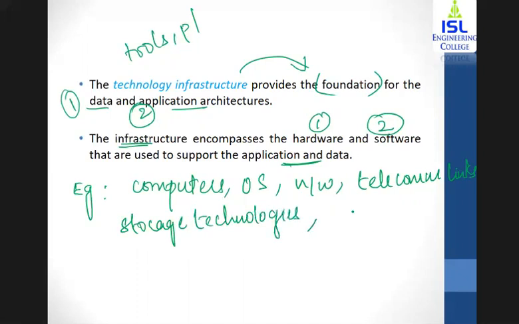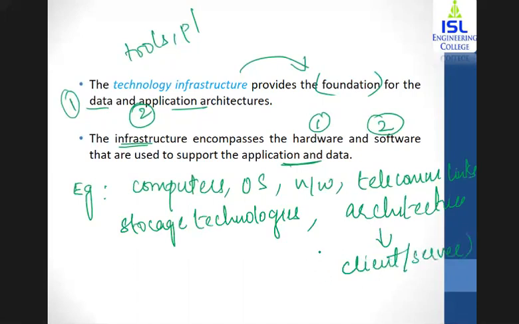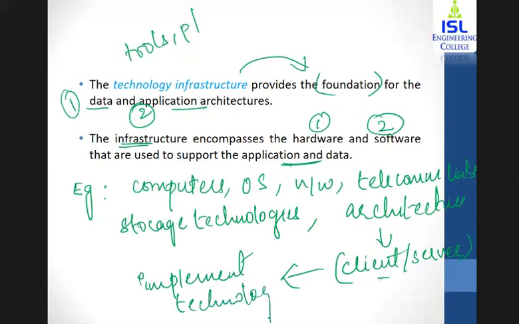This is going to be identified, along with the architecture. An example for this architecture is client server architecture. This client server architecture is defined so that you can implement technologies. So this is the job of the technology infrastructure.